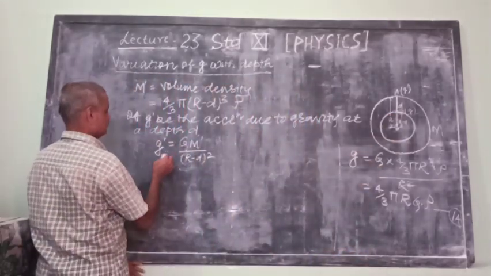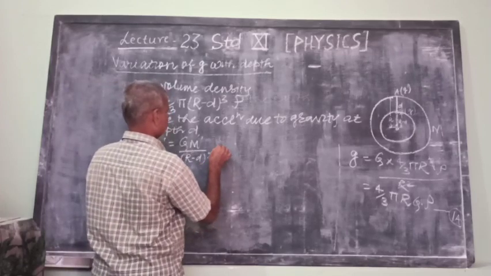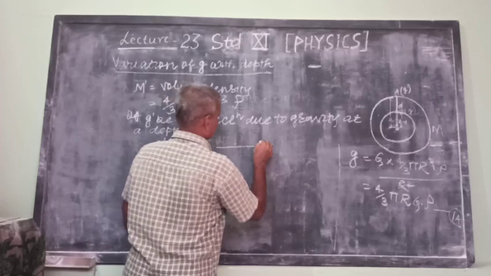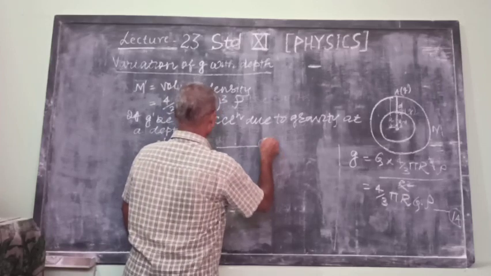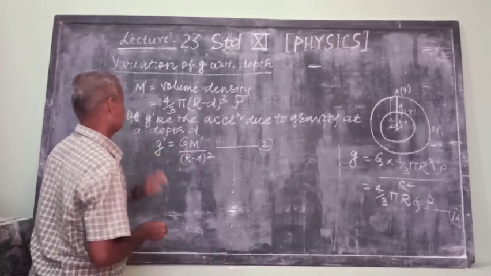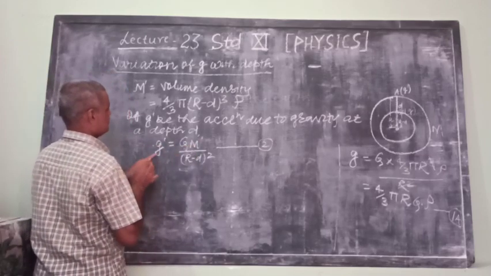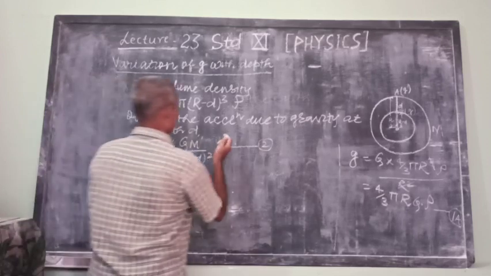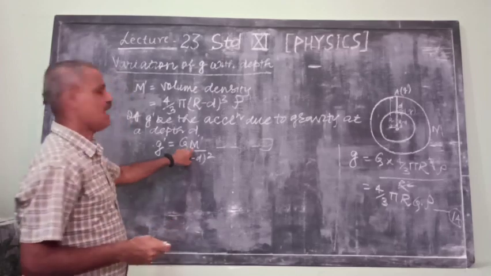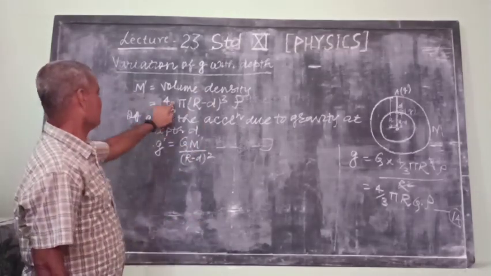Now we can write this one, equation number 2. Okay, this is what we can write. This is the value of g dash. The value of m dash, that is already mentioned here.